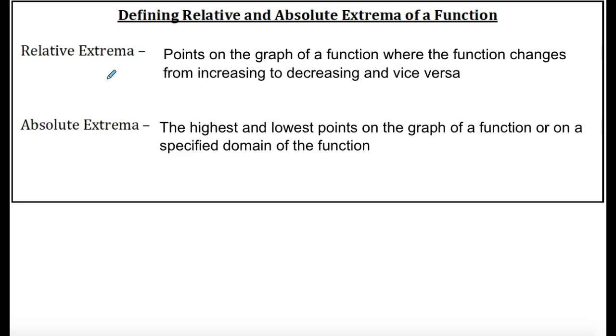Those are like the hills and the valleys of a function. It might not necessarily be the absolute highest and the absolute lowest that we reach, but it's the highest in a small area, or the lowest in a small area. Let's say that it's points on the graph of a function where the function changes from increasing to decreasing. So if you need to, you can pause the video to finish copying those down.